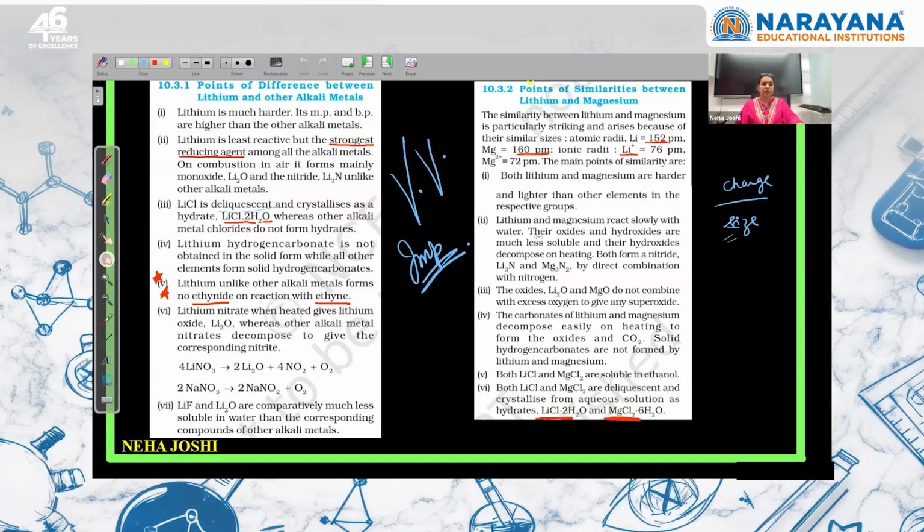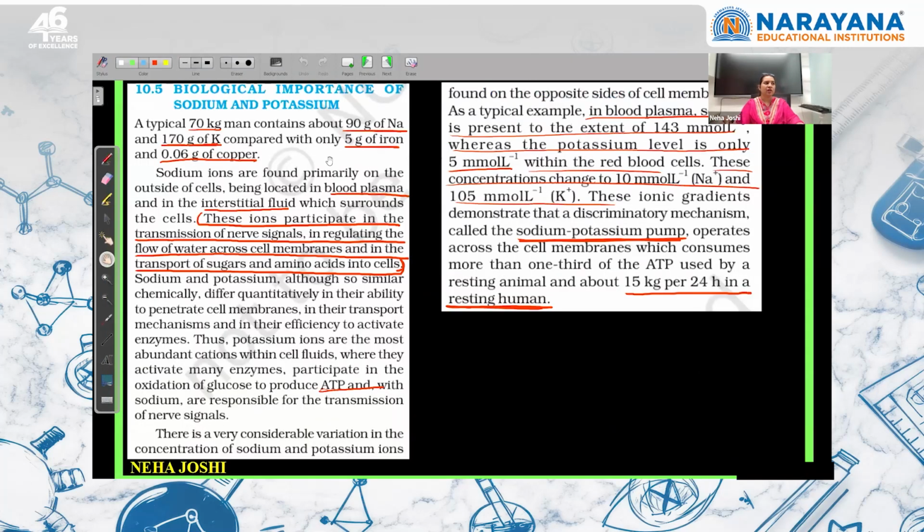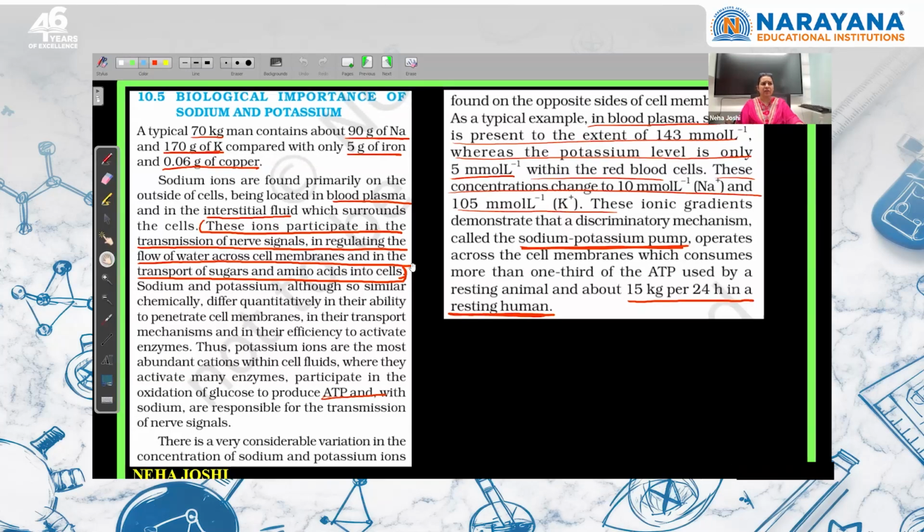Okay? Is that clear? Coming to last is the biological importance of sodium and potassium. I have already underlined the points that you need to just have some idea. Magnesium is basically acting in ATP functioning, adenosine triphosphate functioning, it is useful there. Okay? Sodium has very important functioning.